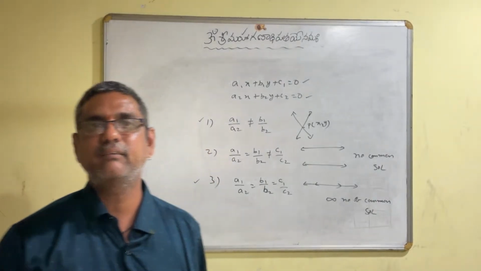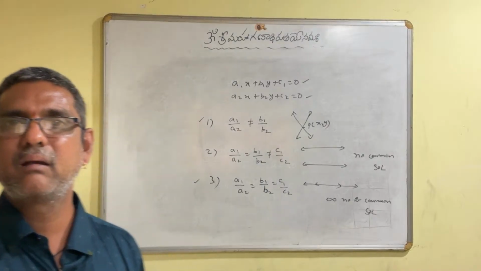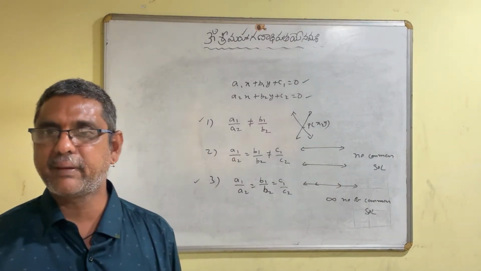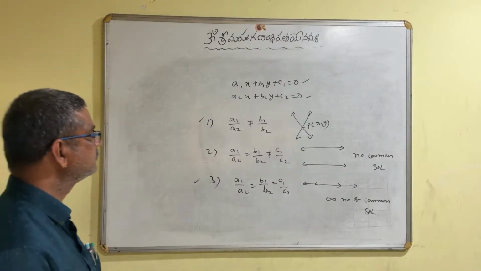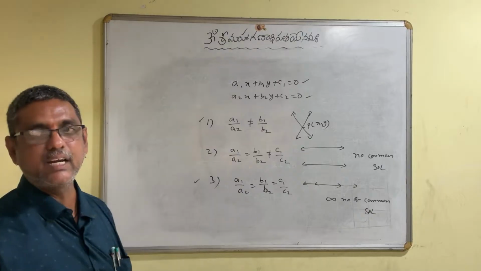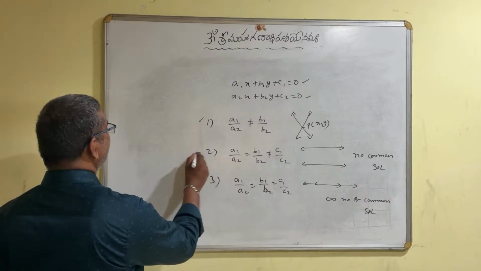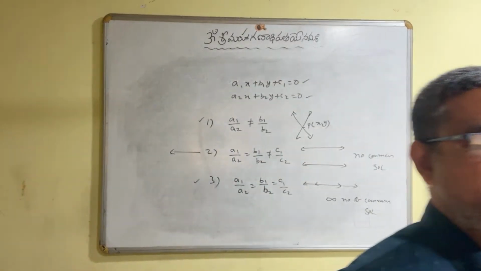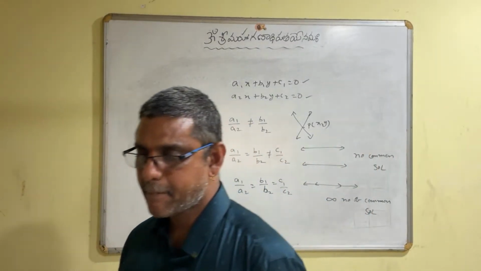Either this condition or this condition is satisfied, consistent pair. If the middle one is satisfied, we can say it is an inconsistent pair of equations. Okay?